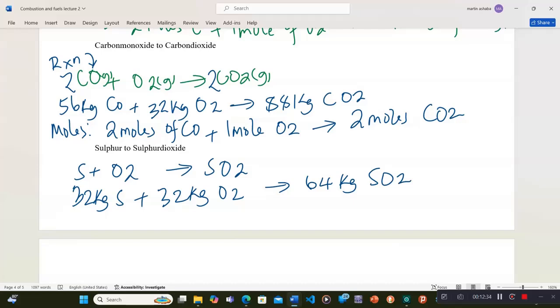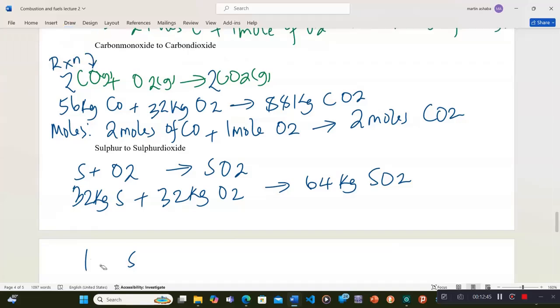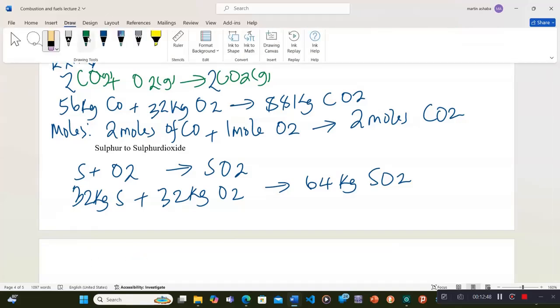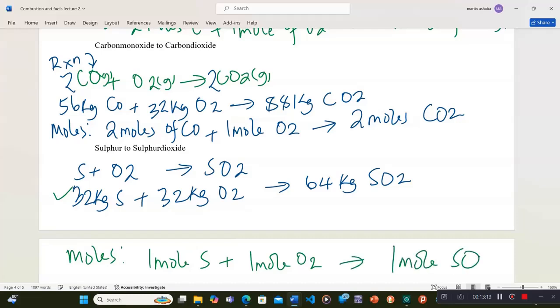In terms of volume, note, we can't measure sulfur in terms of volumes, but we can take it in terms of mass. By moles, it would be 1 mole of sulfur plus 1 mole of oxygen gas, giving you 1 mole of sulfur dioxide gas.